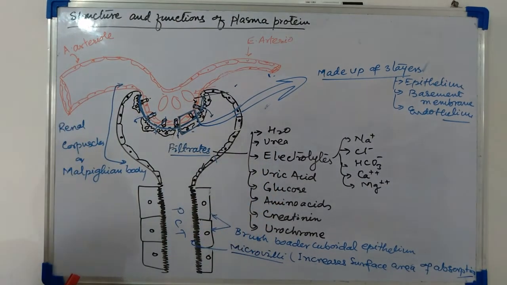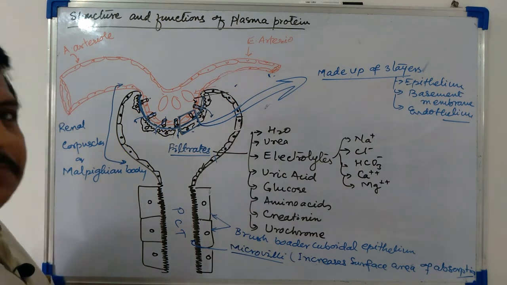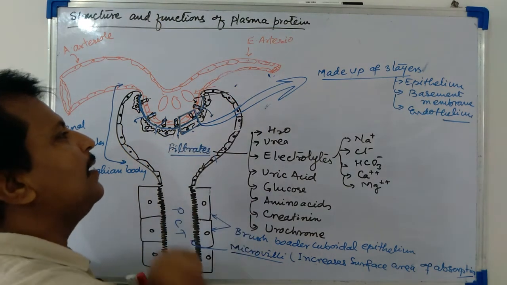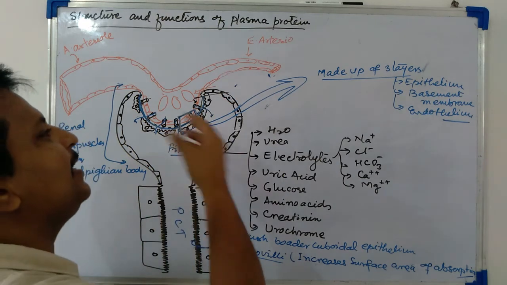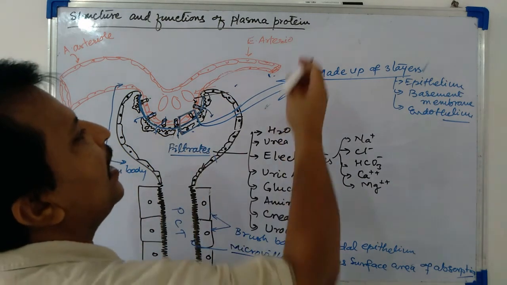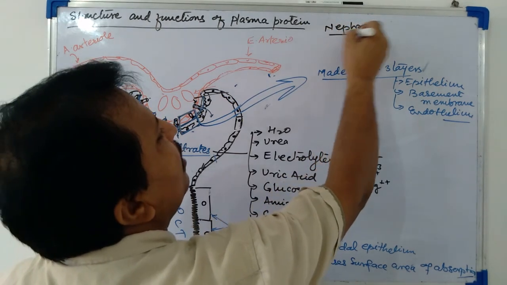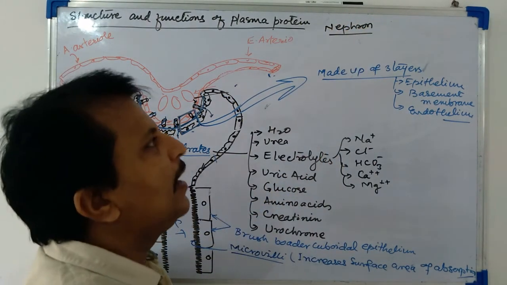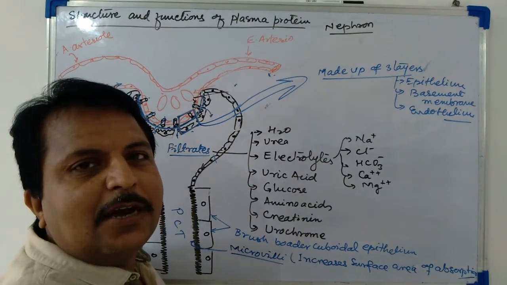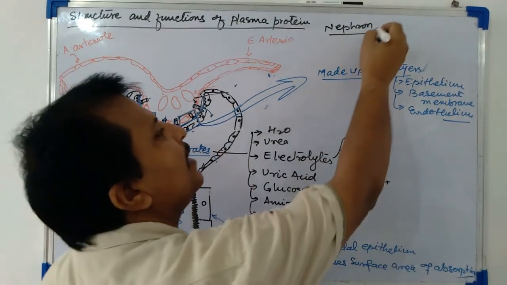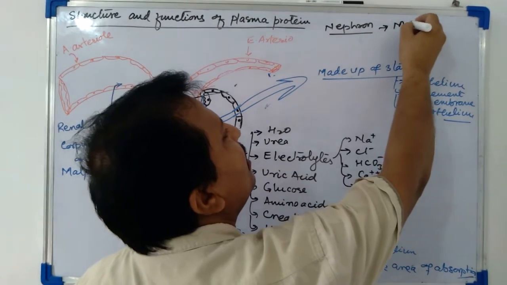So once again we can study in flashback. We can see in brief, as we know, the nephron is the functional unit of the kidney, and the function of this nephron is to maintain homeostasis.